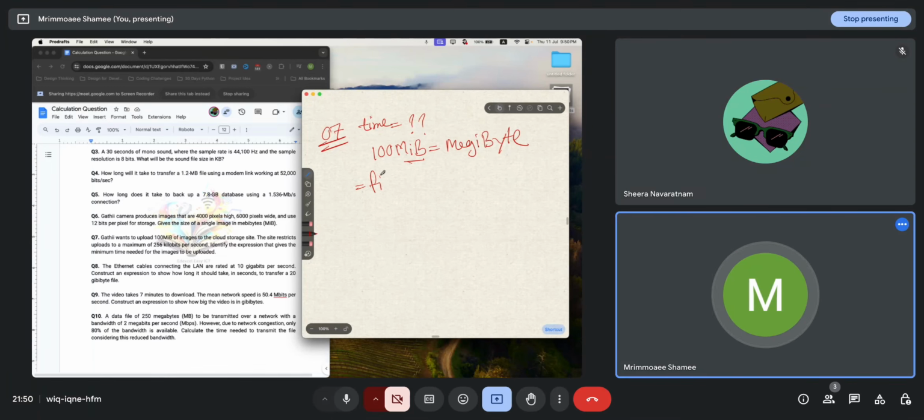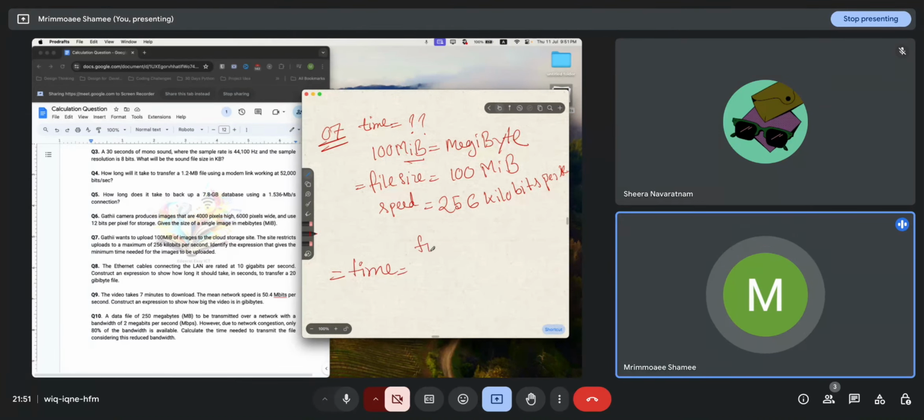So file size here is 100 megabyte, and the per second, that means this is the speed. So speed is 256 kilobits per second, right? So now we have to calculate the time. So for the time, again here it will be file size divided by speed.